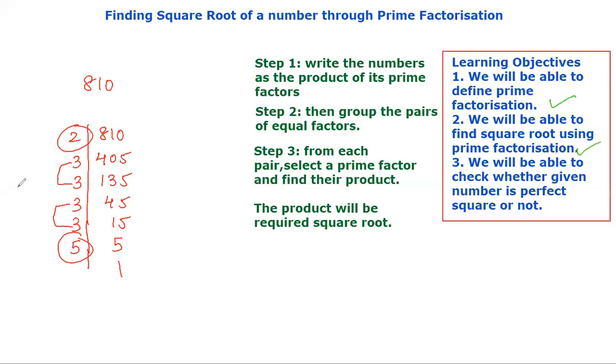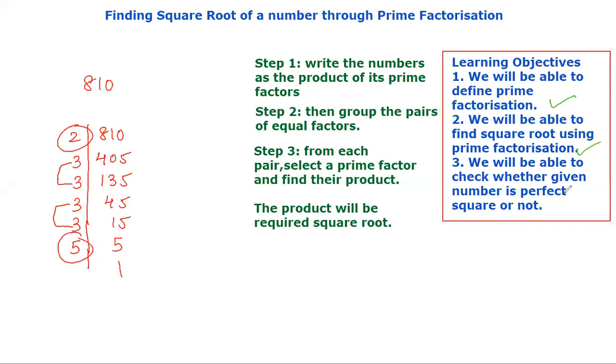Or I can multiply it with 10 to make it a perfect square, right? So whatever numbers are left out without the pairs, with those numbers you have to multiply so that it will become a perfect square, or with those numbers you can divide so that it will become a perfect square.